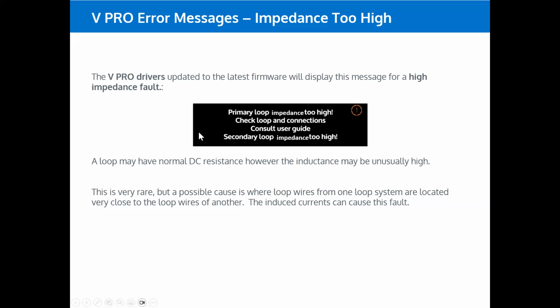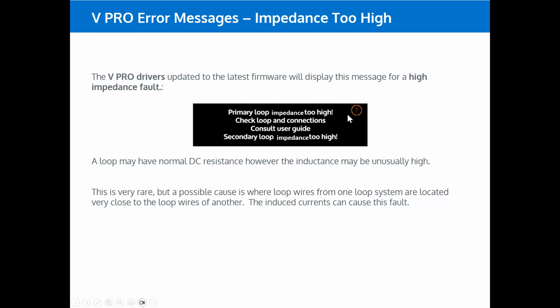Now, as we were mentioning earlier about the ground, the induced ground loop faults, or even a hard connection to ground, what it shows up is that when it does its initial tests when it boots up, it's measuring the impedance of the loop.